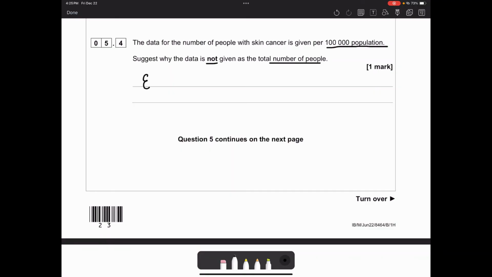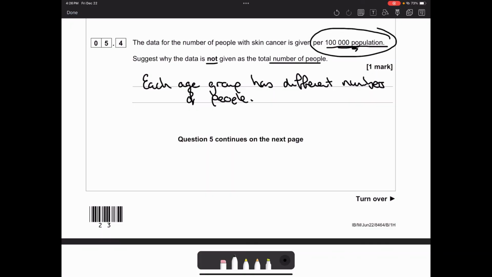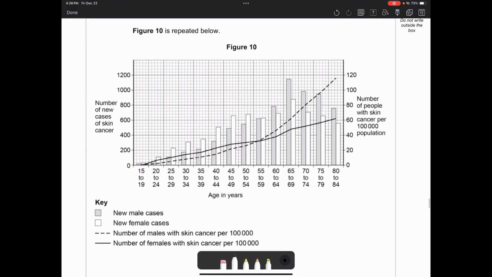So each age group has different numbers of people, and therefore doing it per 100,000 would account for the different group sizes. So doing it per 100,000 people makes it more comparable. If you had different group sizes, it would massively screw your graph.